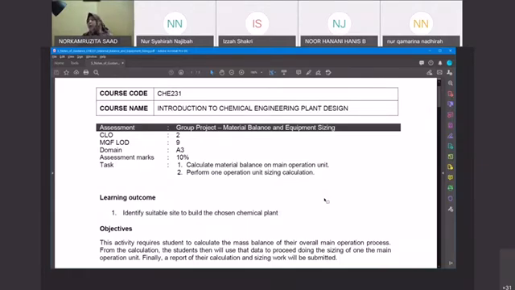Whatever you have learned in separation processes, for example for distillation, you have learned how to design the quality of your product by determining the purity of your top product and maybe the purity of your bottom product.